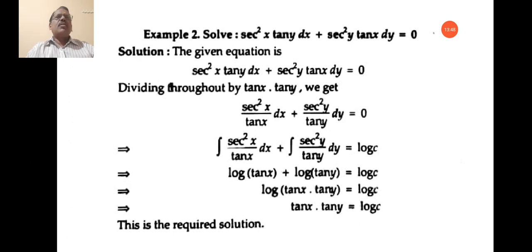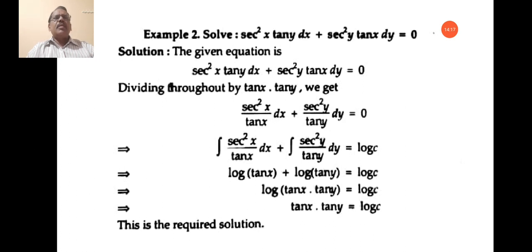Solve sec²x tan y dx + sec²y tan x dy = 0. So the given equation is sec²x tan y dx + sec²y tan x dy = 0. The first step is separating the variables.